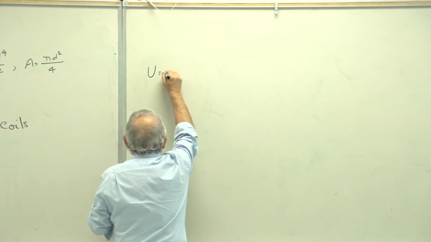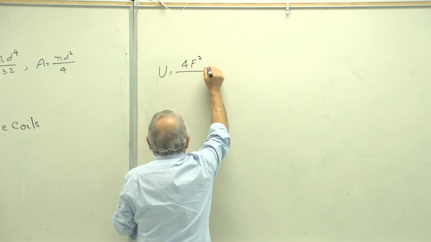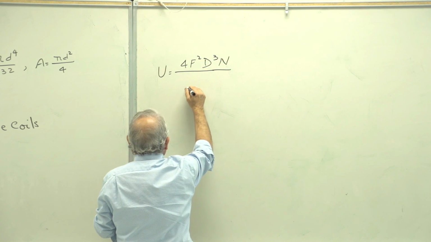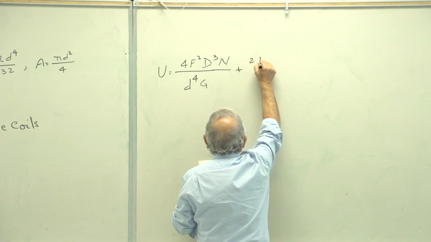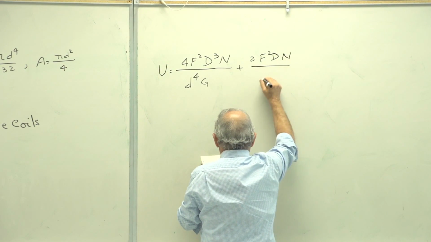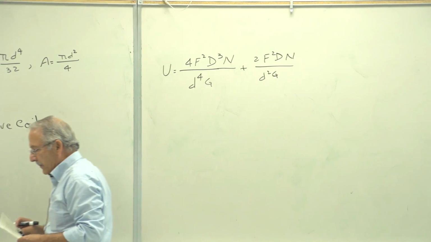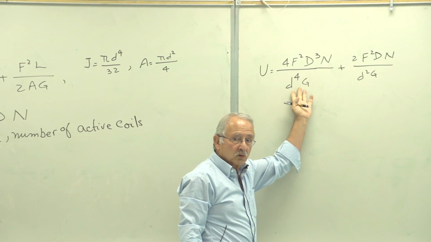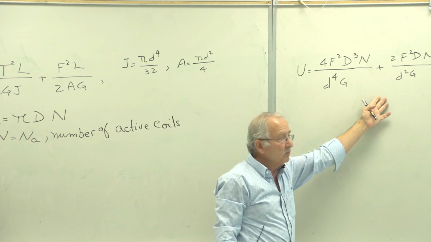U equals 4F squared D cubed n divided by d to the fourth G plus 2F squared D n divided by d squared G. The first part of this energy term is related to the torque. The second part is related to the direct shear.